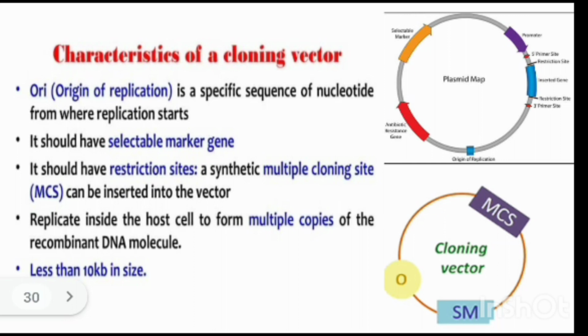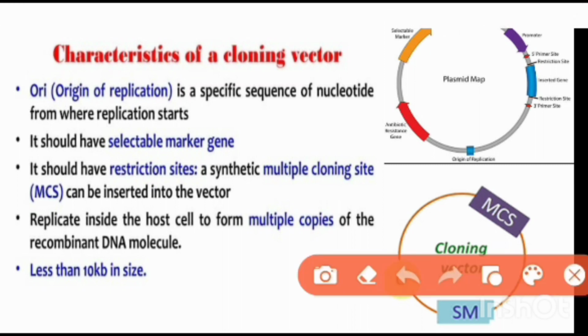So what are the various characteristics of a cloning vector? For a cloning vector, I need to have the origin of replication, which is ORI. The origin of replication is a specific sequence of nucleotides from where the replication starts. It should have a selective marker.